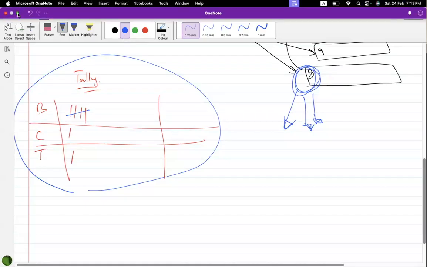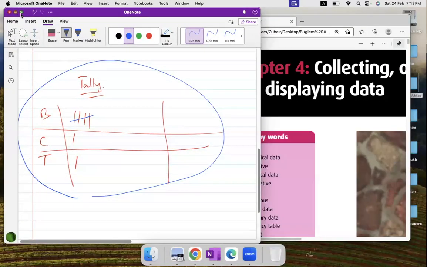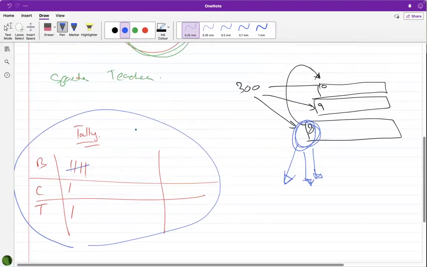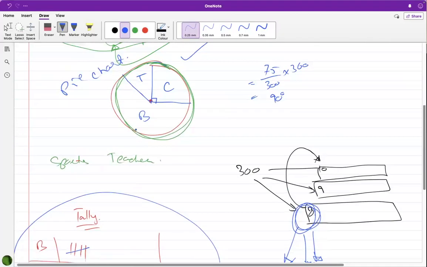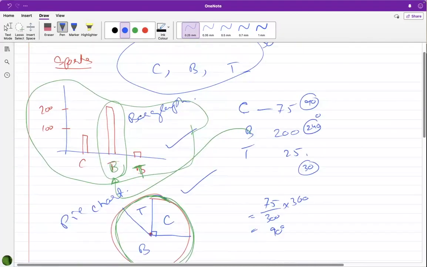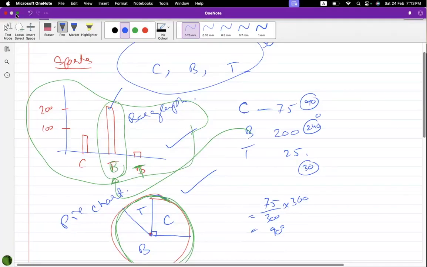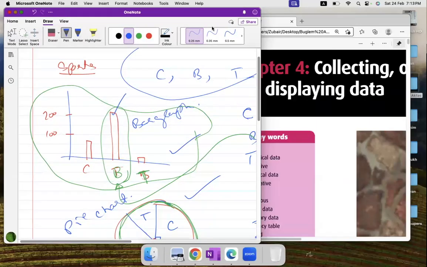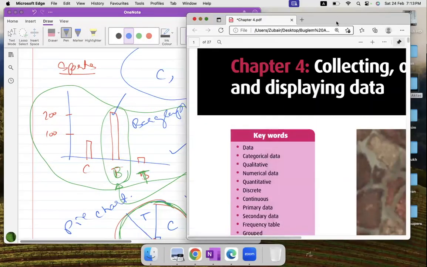Now let's come to this. And there is one more thing. When we talk about tally, we know the actual data. When we talk about this bar chart, we don't know, maybe all of these students are from grade 10. So there's also a limitation. We can say that actual data is lost.